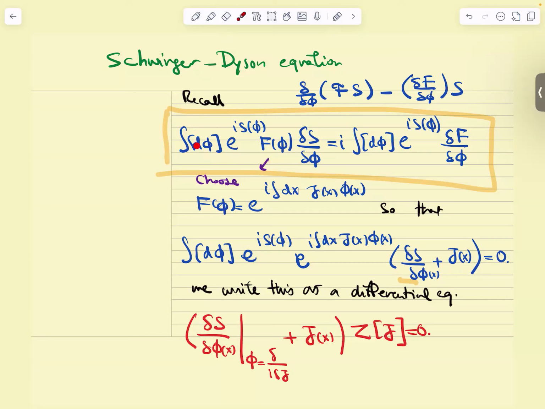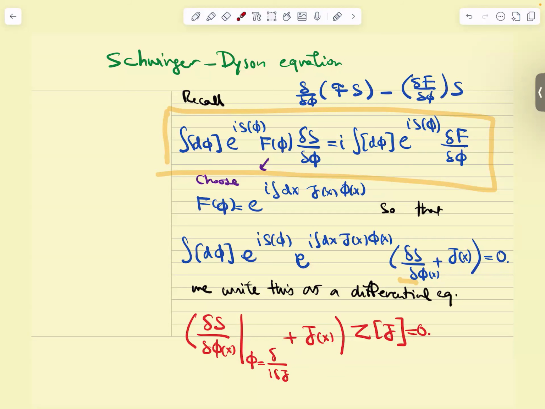If you have a path integral with some measure and some f of phi times del S of phi, this is the same thing as putting an i here, path integral of the derivative of f with respect to phi. It's just the fact that you can repackage these two terms as the path integral of del phi of something, by virtue of the fact that phi is a dummy variable.